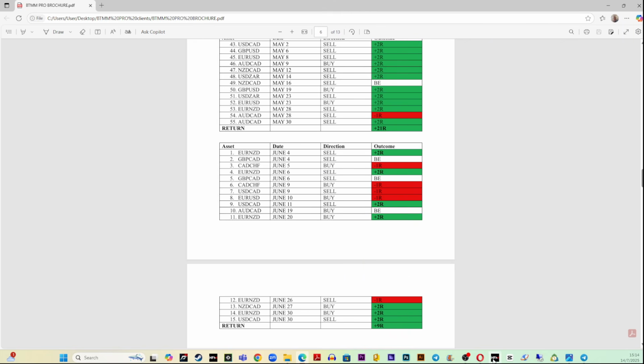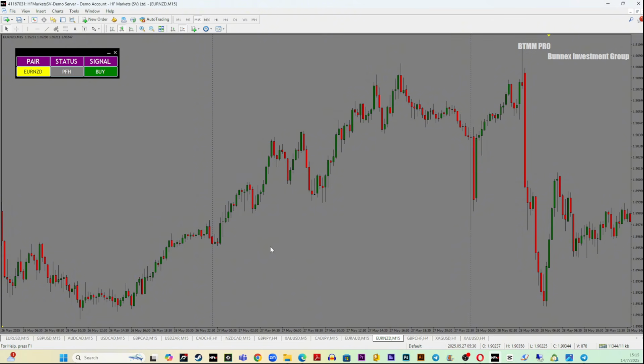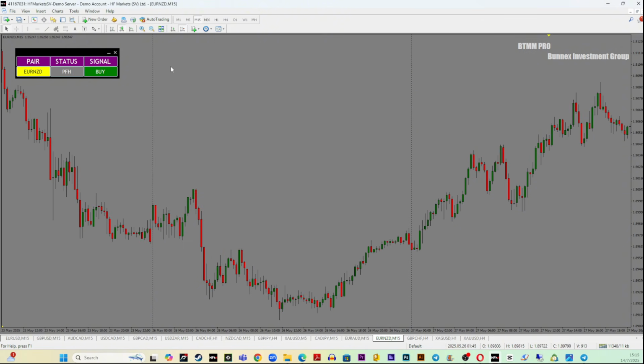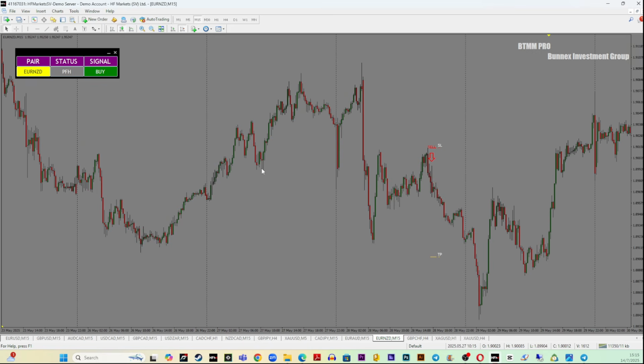So these results came from what I call the BTMM Pro indicator. It is basically an indicator that tries to mimic how we trade using the Beat the Market Maker, whereby it spots a trend, and within that particular trend, it points the higher highs and higher lows of that trend.